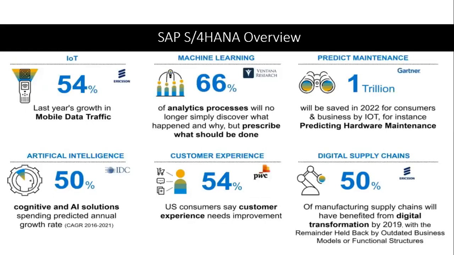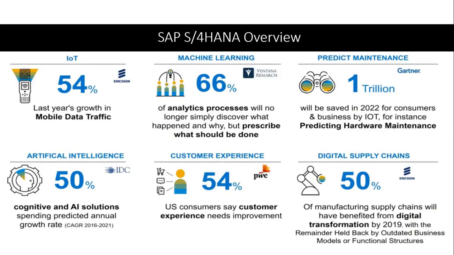So this is an overview of some of the very key functionality of the S4 HANA. We can see the artificial intelligence feature, of course, the ability to predict. We can see also the machine learning activities, the ability to prescribe and analyze data.